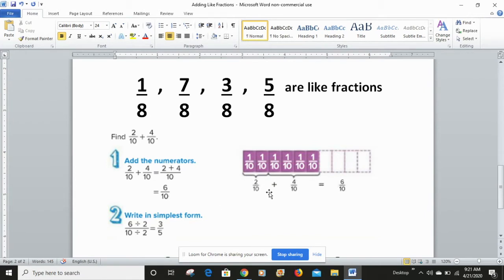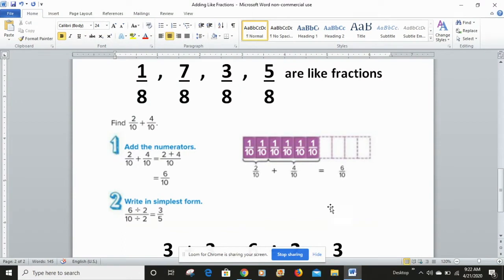If I was looking at this with fraction pieces, 1, 2, 3, 4, 5, 6, 7, 8, 9, 10, that's my denominator. That's the total number of pieces. But we're only adding 2/10 plus another 4/10. So out of the 10/10, we have 6/10.